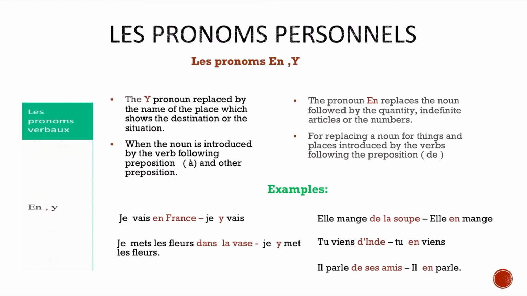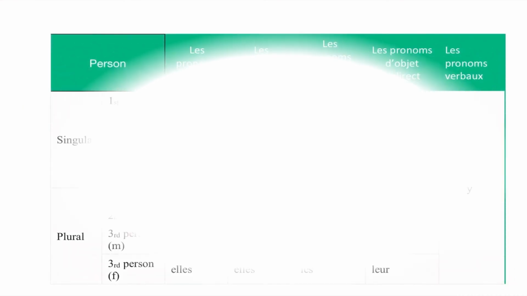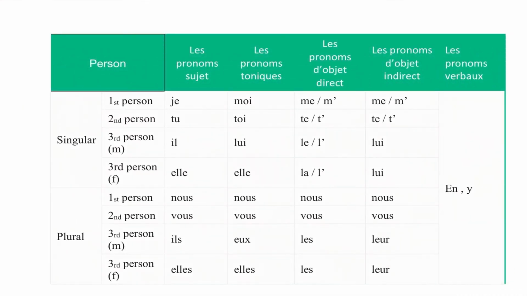Okay, we finished all the pronouns, but now I want you to concentrate on this table because this table summarizes all pronouns. As you see here, les pronoms sujet: je, tu, il, elle, nous, vous, ils, and elles.